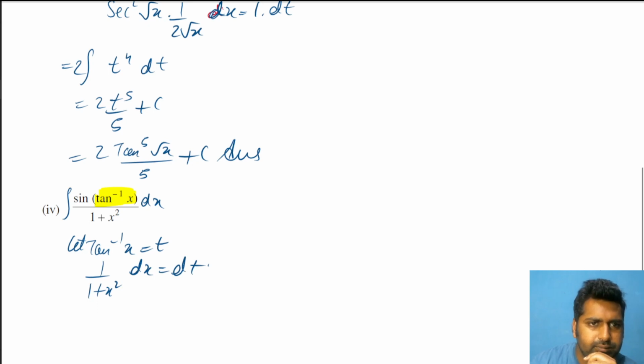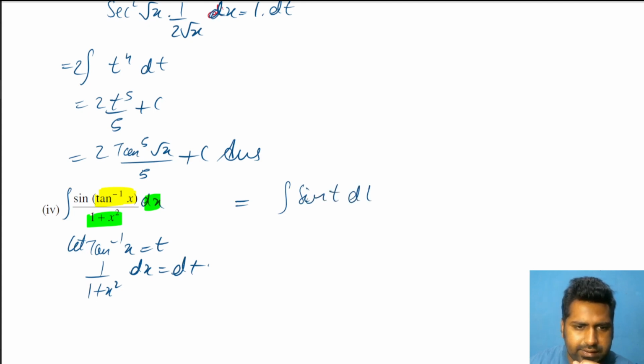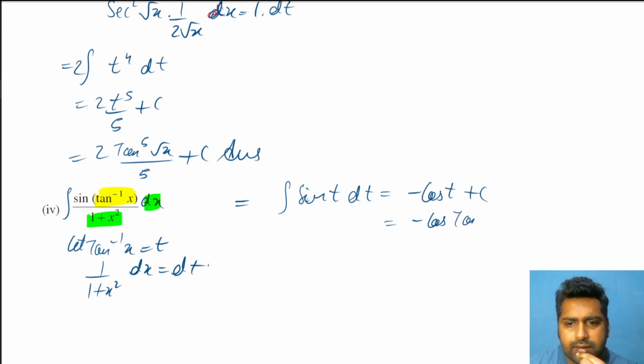That's already there: dx is there, 1 upon 1 plus x square is there. That is effectively going to become dt. So the question will look like this only: integration of sine t dt. And again, it's very simple: minus cos t plus c, or minus cos of tan inverse x plus c.